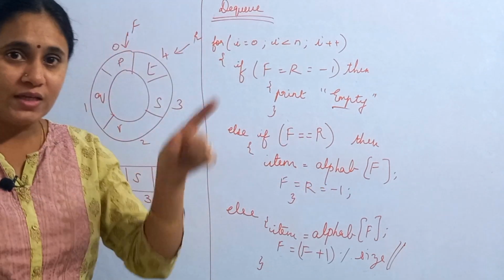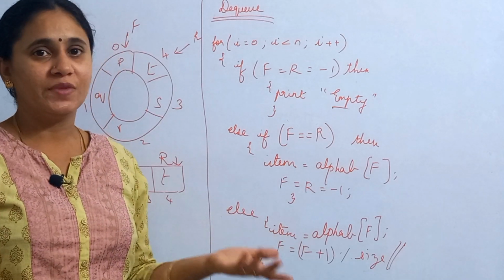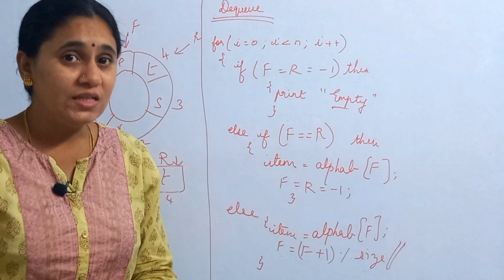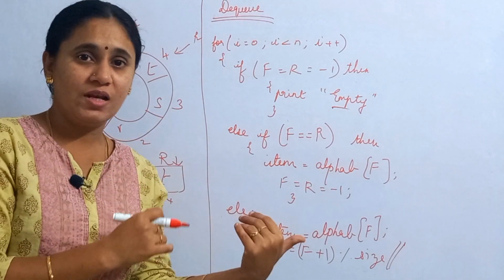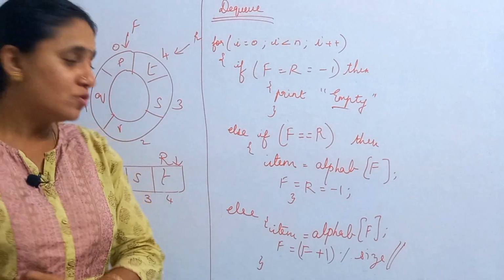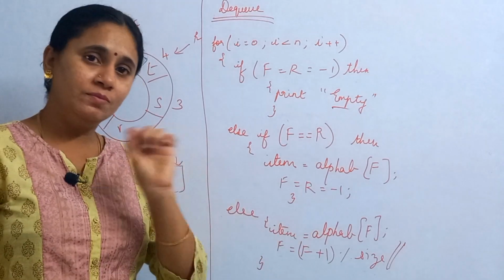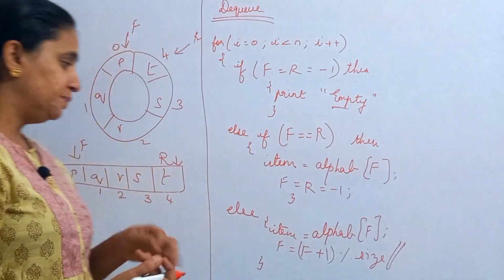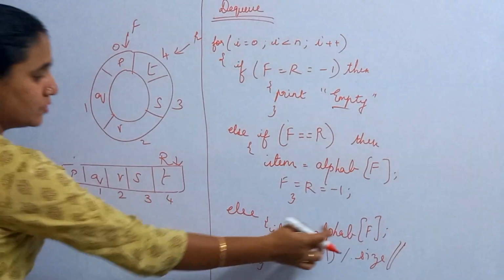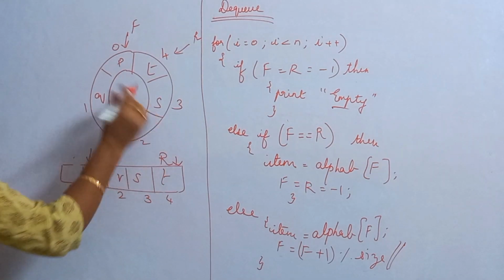For all cases, this formula will work well. This eliminates all those condition checks for reinitializing or incrementing the front pointer once the element is deleted. This is an efficient formula for the circular queue. Very important, make a note. Now we are deleting the element: item is equal to alphabet of f. We have deleted it, so front will be pointing here.